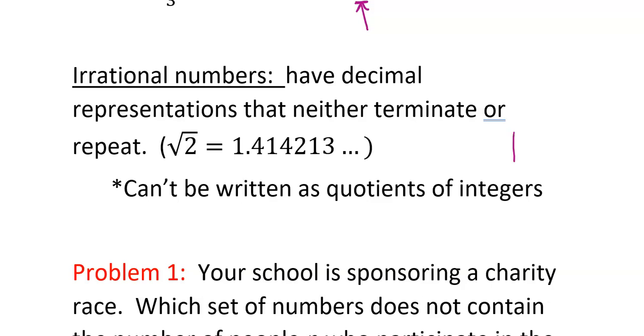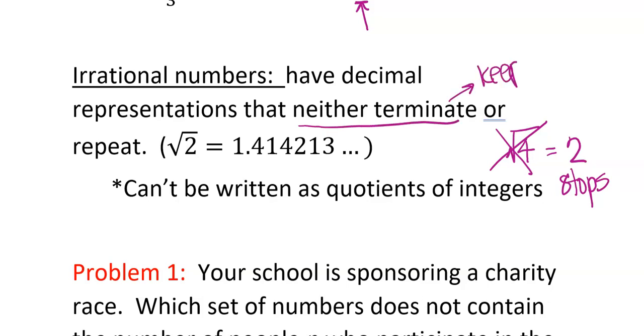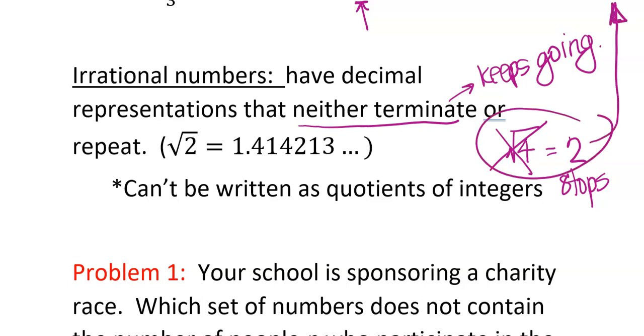When you look at, for instance, the square root of 4, though, even though it looks like a square root, it's not an irrational number because it stops. So the square root of 4, even though it looks like a square root number, since it simplifies down into a whole number, this would actually belong in the group above it, which is the rational numbers.